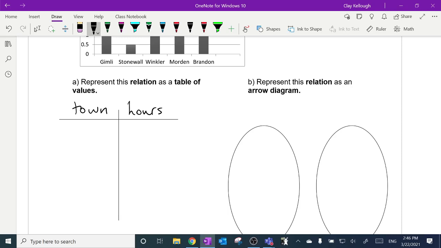Hours is good enough. So Gimli and Stonewall. And the next one on the list is Winkler. And the next one on the list is Morden. And Morden and Winkler, by the way, are literally right next to each other. They're essentially the same town separated by a little tiny stretch of road.